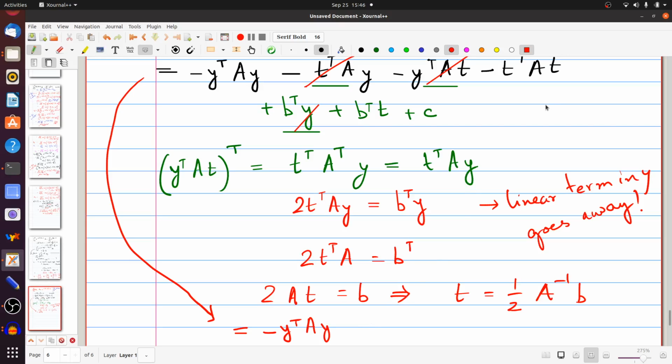Now notice that minus t transpose A t, since t transpose A is half of b transpose, is simply nothing but half of b transpose t. So this overall thing is really minus half of b transpose t, this term, and you have a b transpose t here. So you get half of b transpose t, and by using the value of t, I get 1/4 b transpose A inverse b plus c.